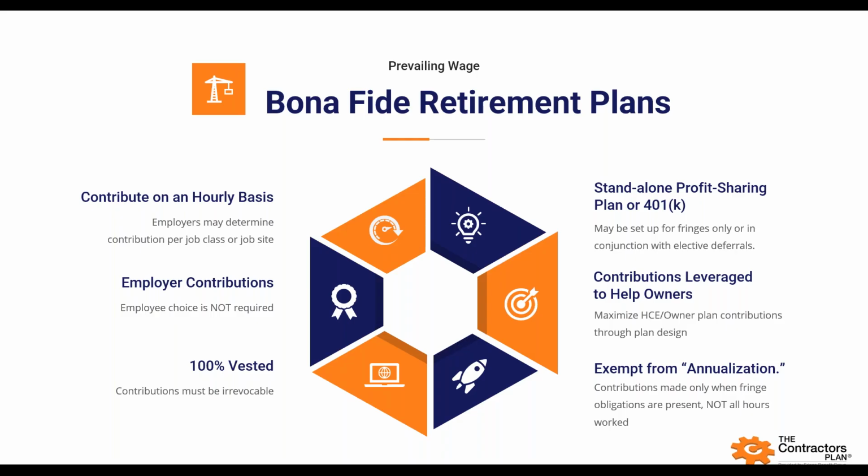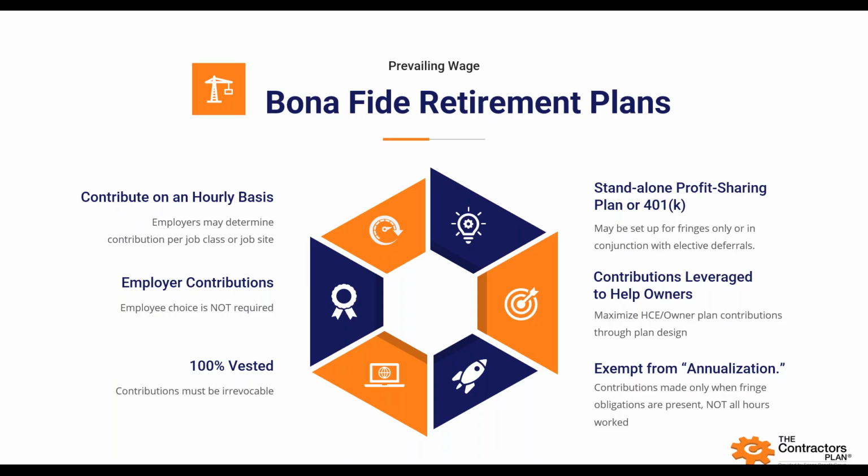So to use a couple of examples, if you've got a school that has a fringe of $20 and you say, I want to give my employees half of the fringe in cash, so I'm going to give them $10 in cash and $10 in a retirement program, you can do that. You could also do it by job class. So you could say electricians get $10 in cash, $10 in a retirement program. Laborers get all $15 of their fringe in a bona fide program. So you've got some flexibility there.